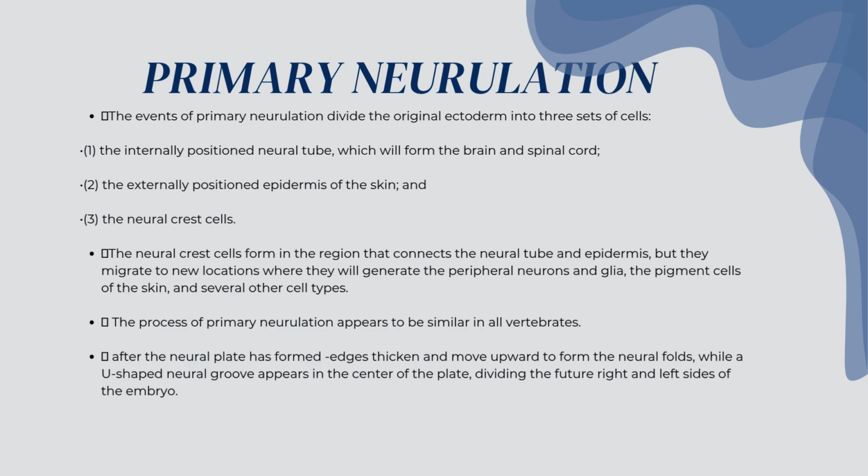The process of primary neurulation appears to be similar in all vertebrates. After neural tube formation, the edges thicken and move upward to form neural folds, with a U-shaped neural groove appearing in the center of the plate, dividing the future right and left sides of the embryo.